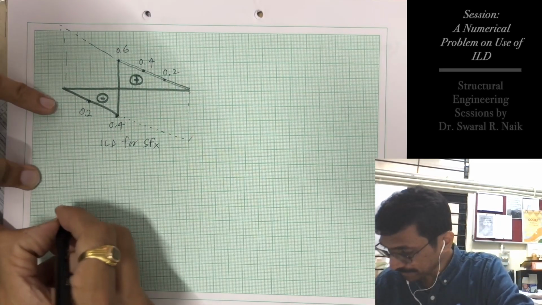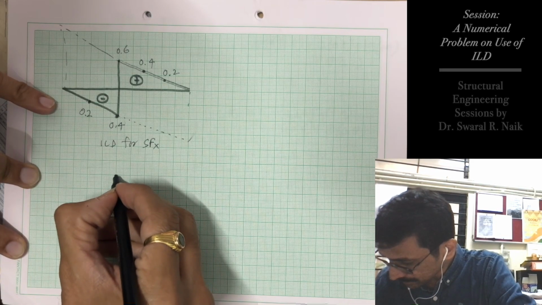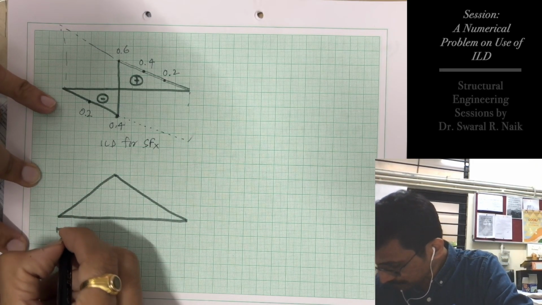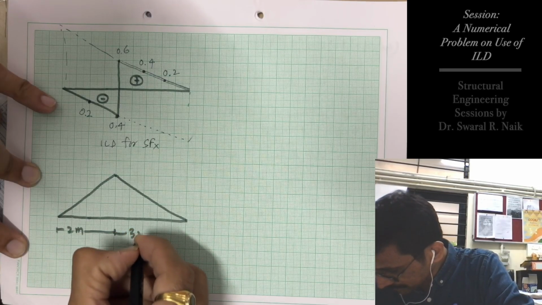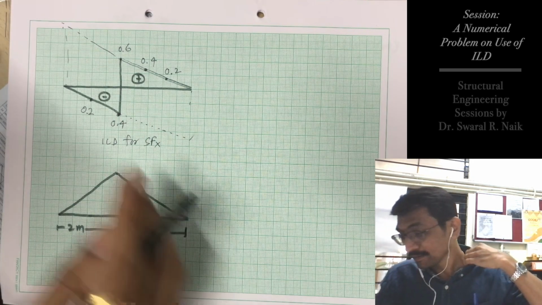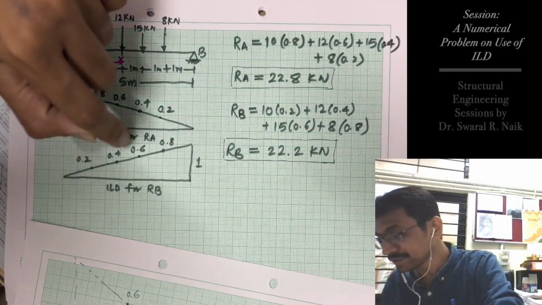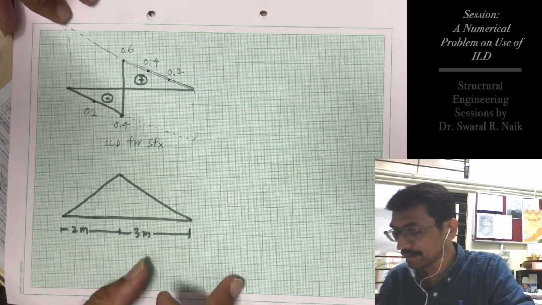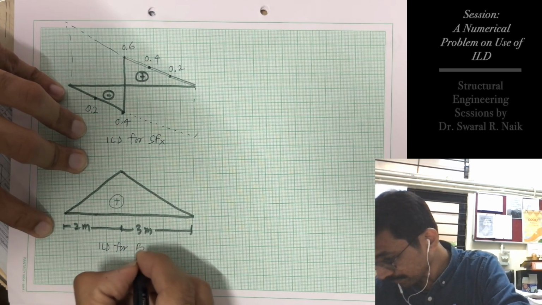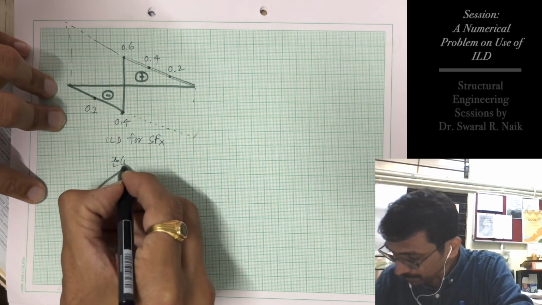Let us draw ILD for BMX. So at this point, this distance is 2 meter, this distance is 3 meter. For ILD for SF, and ILD for RA and RB, it was very easy to find out these ordinate values. But for the ILD for BMX diagram, this ordinate we know is x by L into L minus x, right?